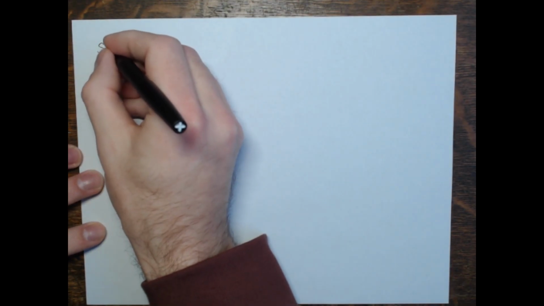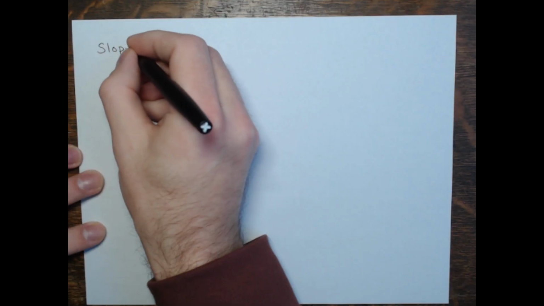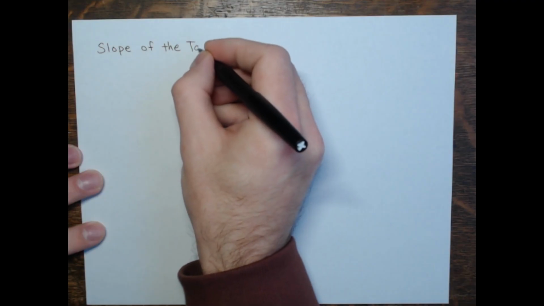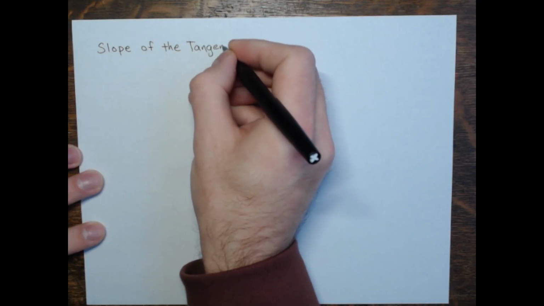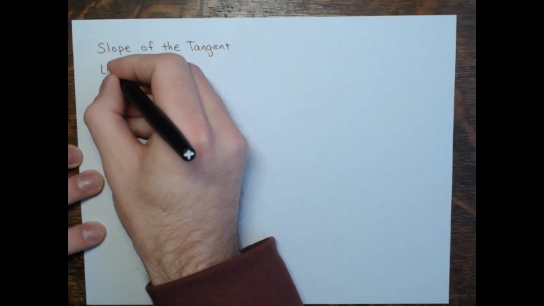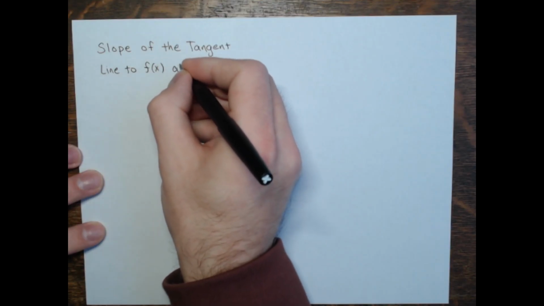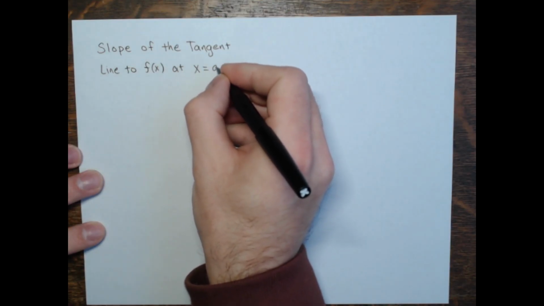So the slope of the tangent line to, say, f of x at x equals a.